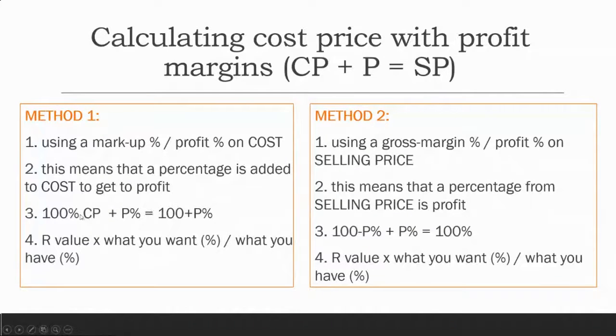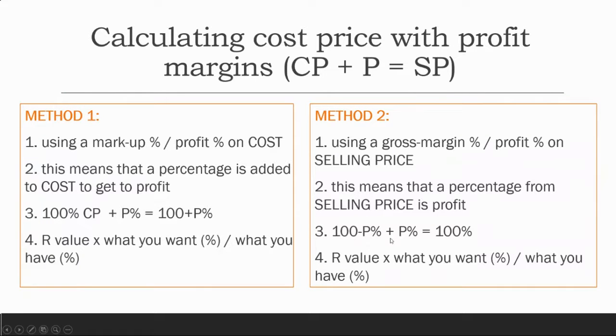Now, what happens if they give you, for example, this scenario, but they want you to work out the gross margin? So now they tell you, okay, our cost price is 100, our profit is 25, and our sales price is 125. But now I have to work out the equivalent gross margin.